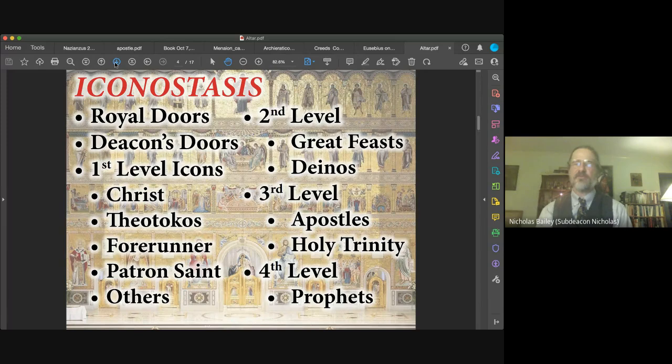These are the elements that are present in the full iconostas. You have the royal doors down here in the middle. This is where the great high priest would step through the Holy of Holies in the Jewish temple.